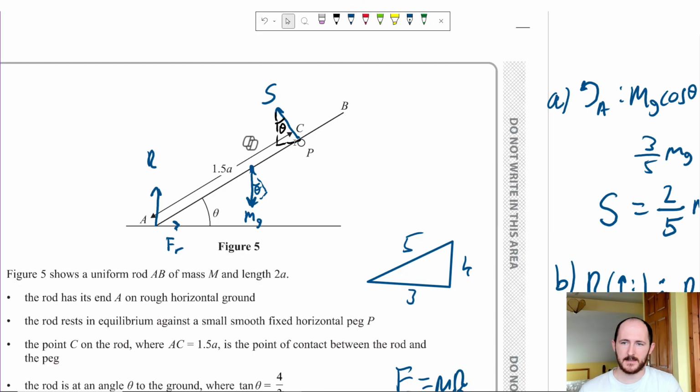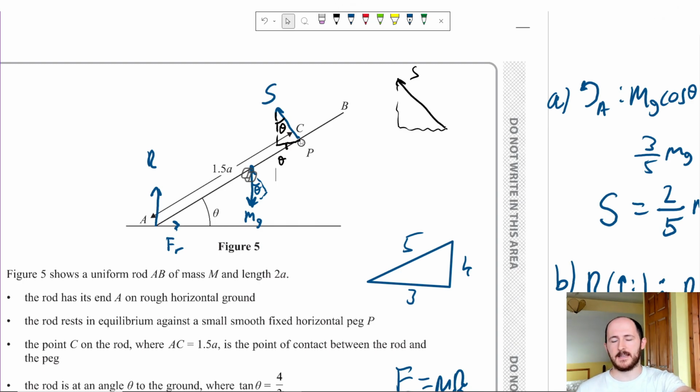So if I break this down, how am I going to draw this without making this look weird? If I draw S like this, the Z angle here actually means the angle underneath here is theta, if that makes sense. It's not the angle up there.